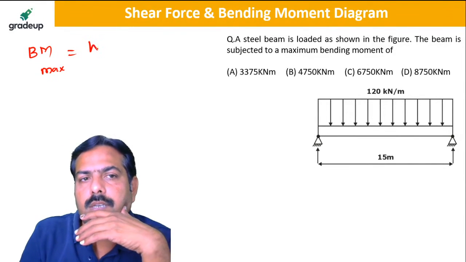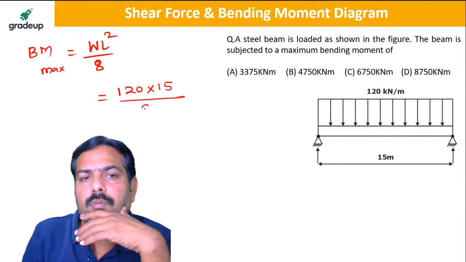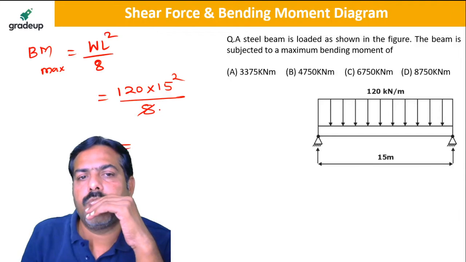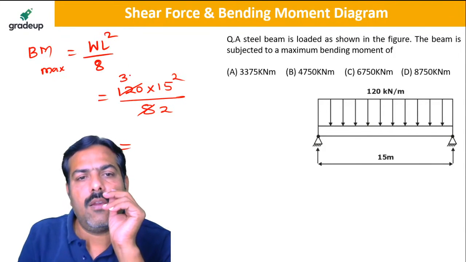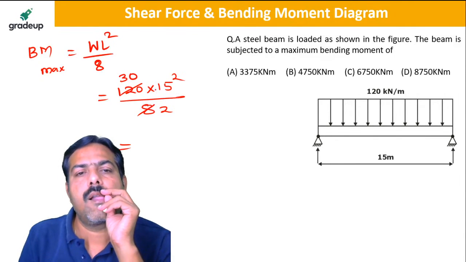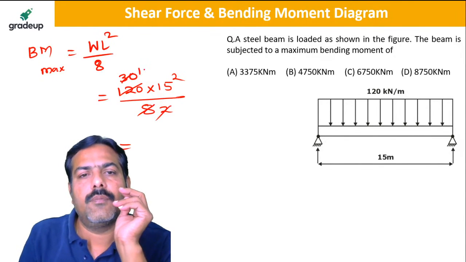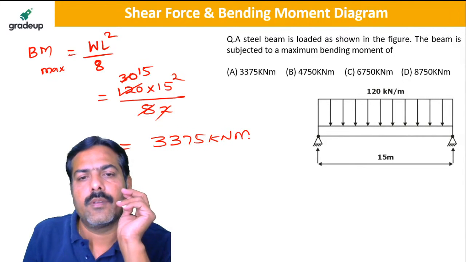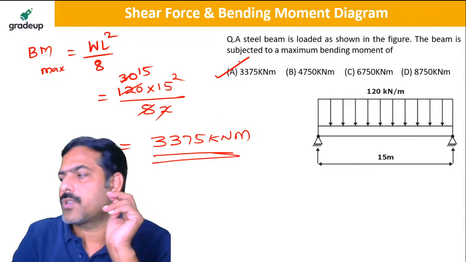So it is WL square upon 8. So W is given as 120 into 15 squared divided by 8. So 3375 kilonewton meter is the right answer to this question.